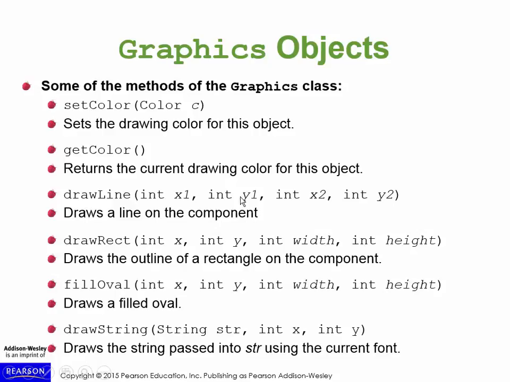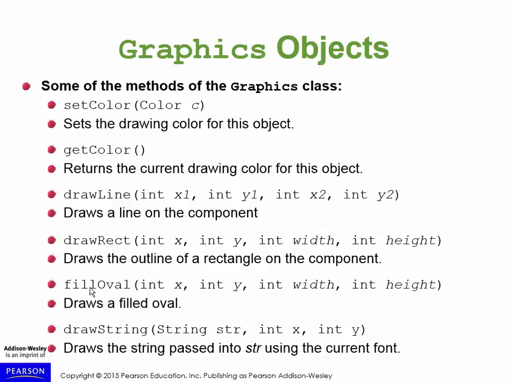We can draw lines. There's our beginning X and Y coordinate. There's our ending X and Y coordinate. We can draw rectangles. There's our beginning X and Y coordinate along with our width and our height. We can draw ovals. We can draw filled ovals. All right, we can draw rectangles and filled rectangles.